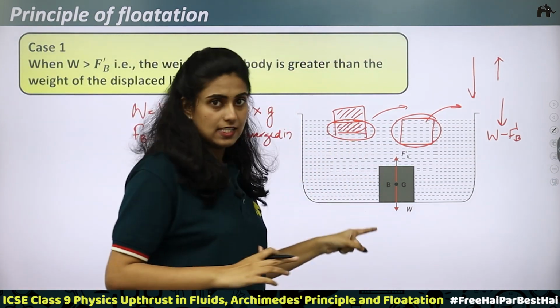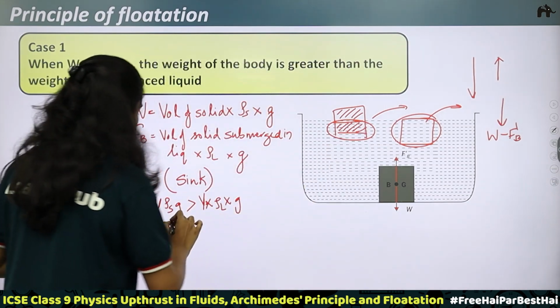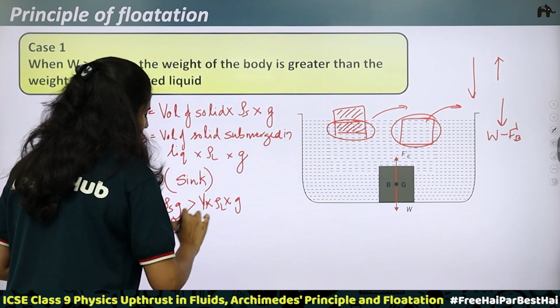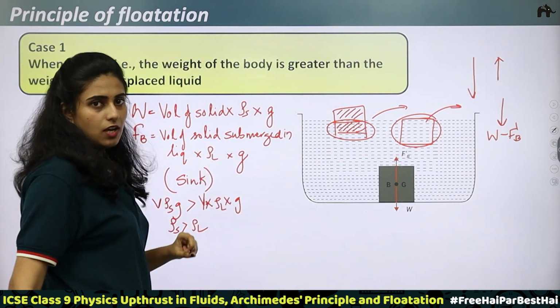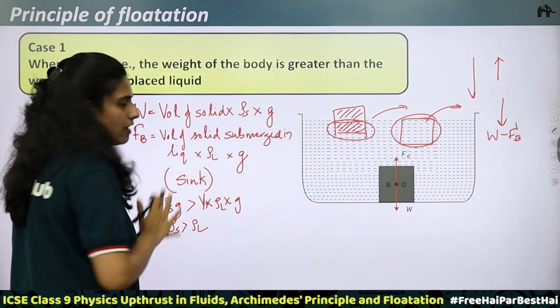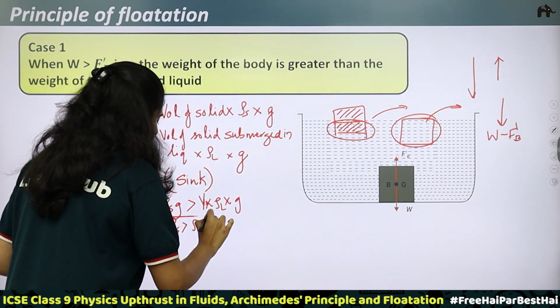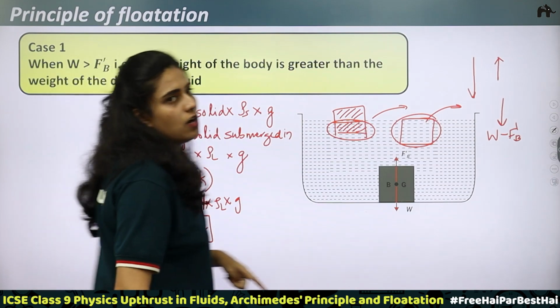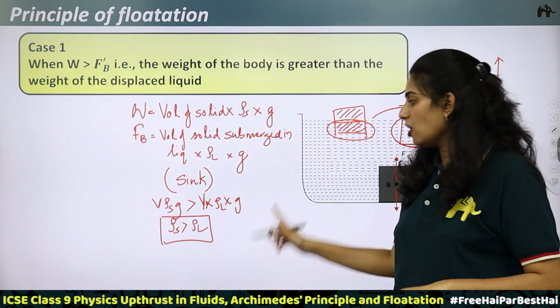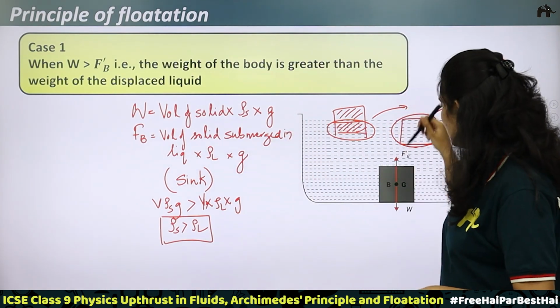If the body sinks, then the solid will have a density greater than the density of the liquid. Volume will be the same because the same object is used, and acceleration due to gravity is also the same. So here rho s is greater than rho l. Density of the solid is greater than density of the liquid. Because of this reason, the body will sink.